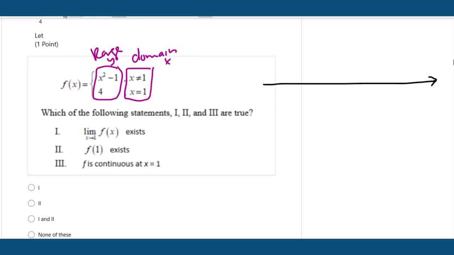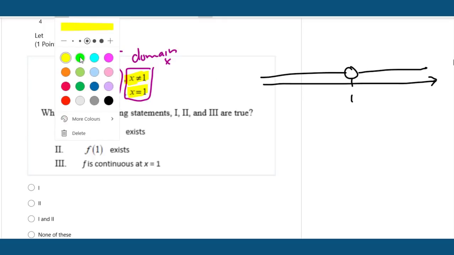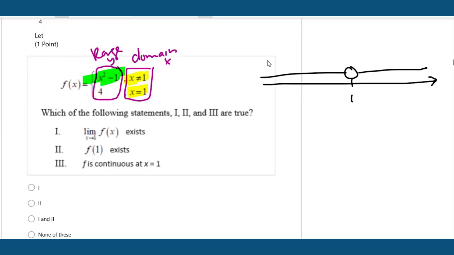Talking about when x is equal to 1, and x not equal to 1. Here, all except 1. The function is this one, that is x squared minus 1 over x minus 1.